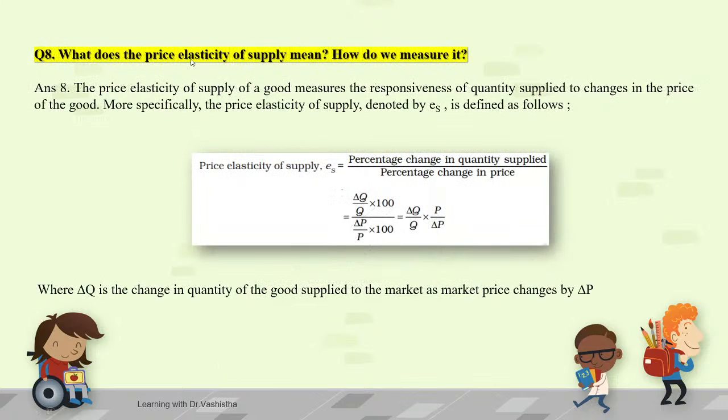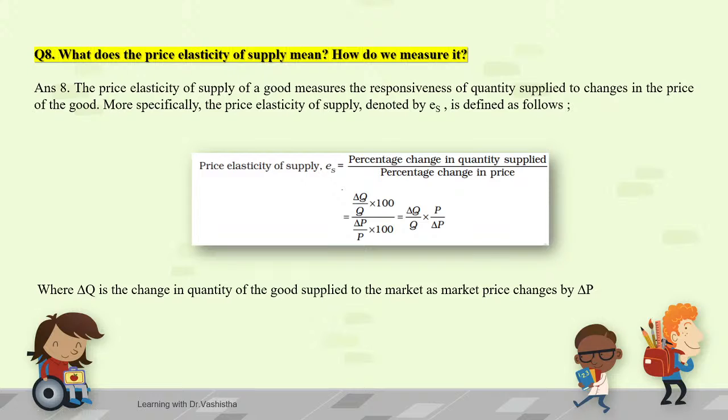Now the next question is, what does the price elasticity of supply mean and how do we measure it? Elasticity, as we have already studied, is the responsiveness towards a change. Here price elasticity of supply is being asked. Price elasticity of supply of a good measures the responsiveness of quantity supplied to a change in the price of that good.